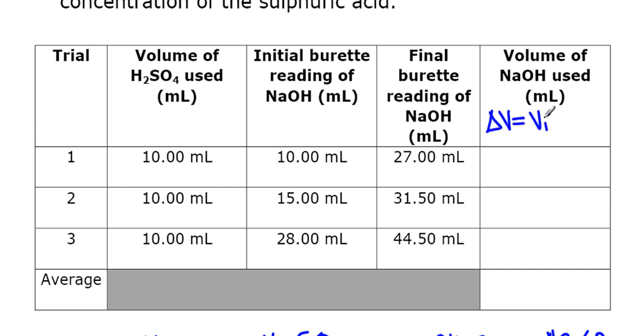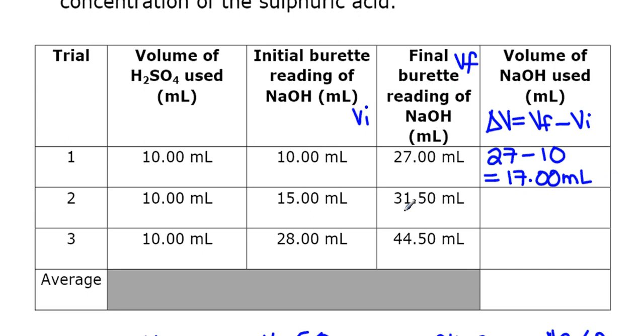Our final volume, which is here, minus our initial volume, which is here. Where did we finish on the burette? Where did we start? So change in volume here, we have to do 27 minus 10, makes it easy, 17 milliliters. So the first time the experiment was done, they needed 17 milliliters to neutralize that volume of acid.